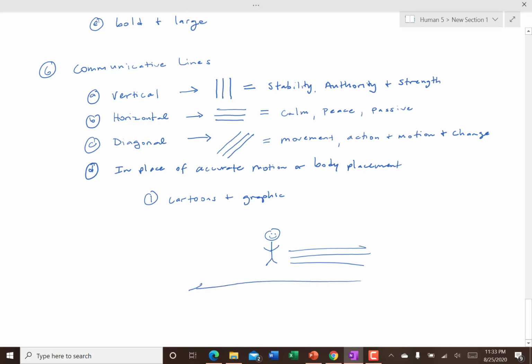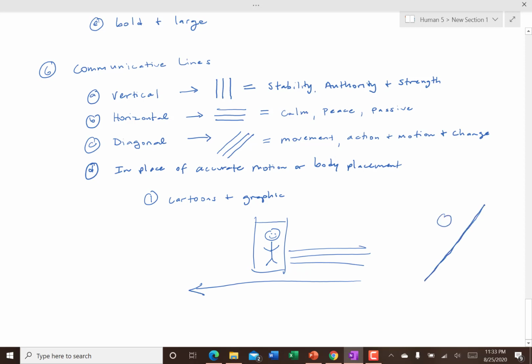Or if I created this diagonal line and then I put a person here, so here we'll go.